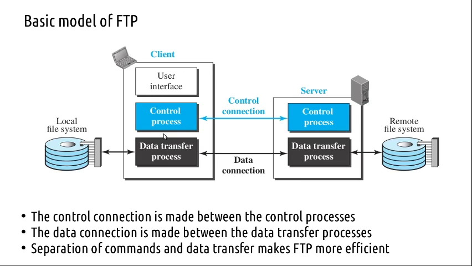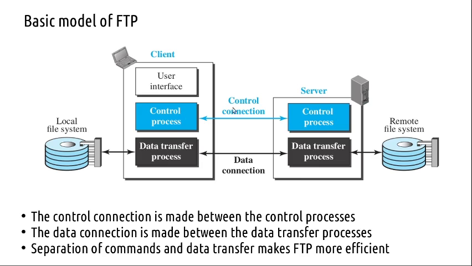Then there is a control process running on the client, which makes a virtual connection to the control process running on the server side. Again, there is a data transfer process running on the client side, which makes a data connection with the data transfer process running on the server side. So that's a separation of commands and data connection.